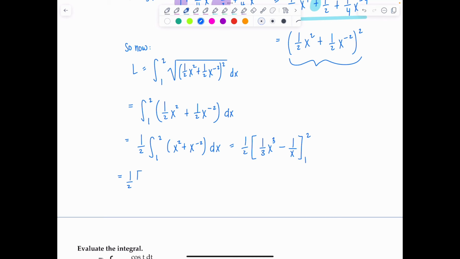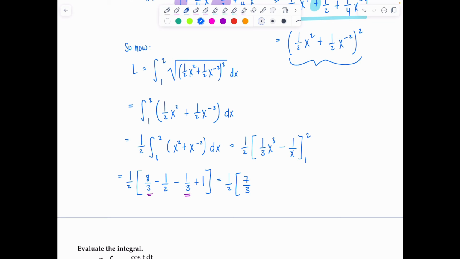No calculator, just the one you were born with. So plugging in 2, 2 cubed is 8, so 8/3 minus 1/2. Plugging in 1 for the lower limit, minus 1/3 plus 1. Yes? Very good. And then 8/3 minus 1/3, that's 7/3. So I have 1/2 times 7/3.